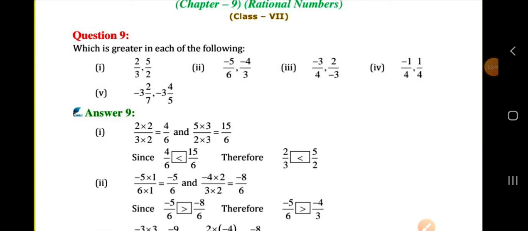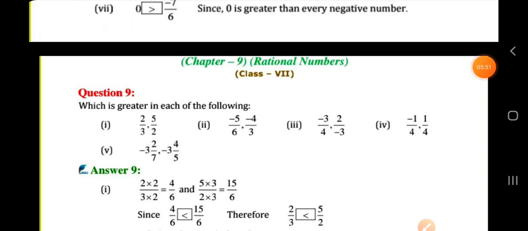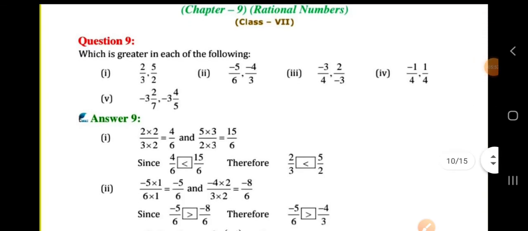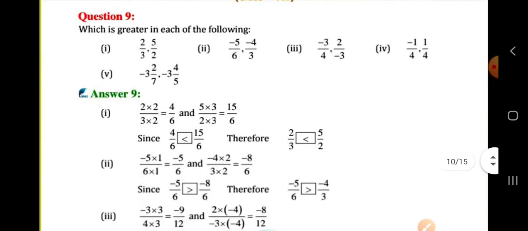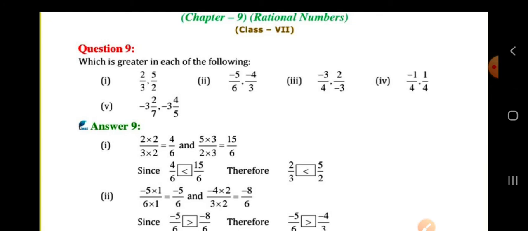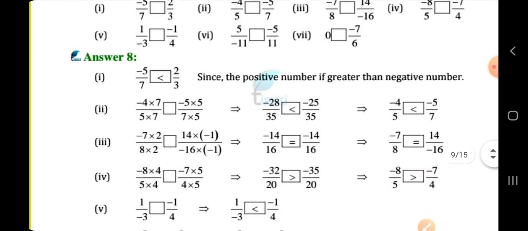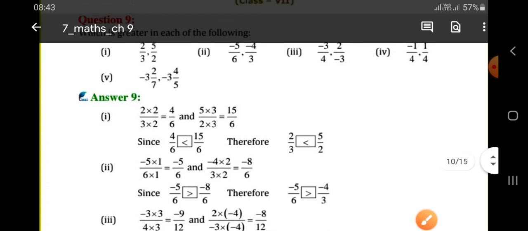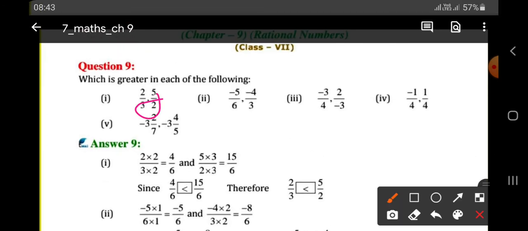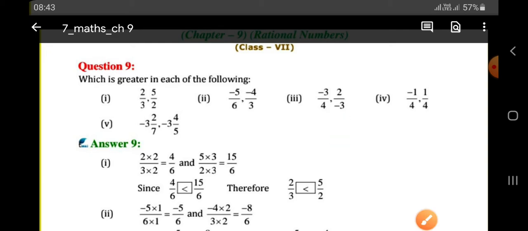Question number 9. Which is greater in each of the following? First one, 2 upon 3, 5 upon 2. Same thing you have to repeat here. In question 8 you had to put the symbol, and here it is asked to find the greater number. So follow the same method as in question number 8. Find the LCM of 2 and 3, which is 6.